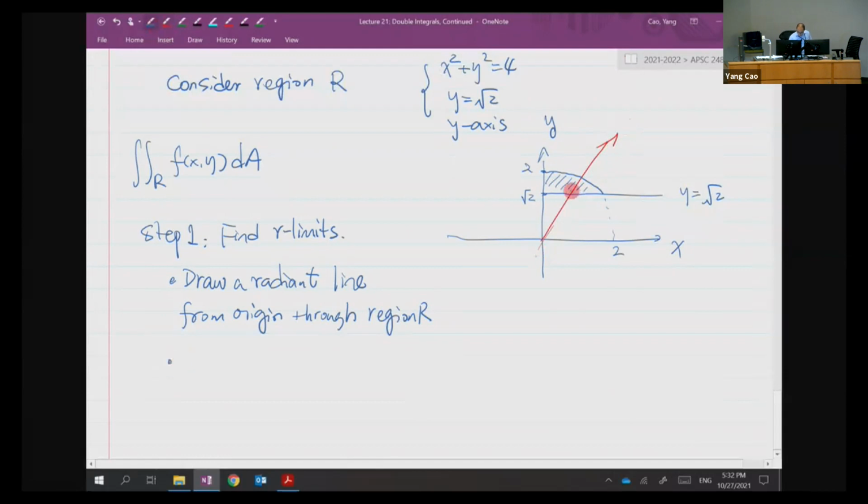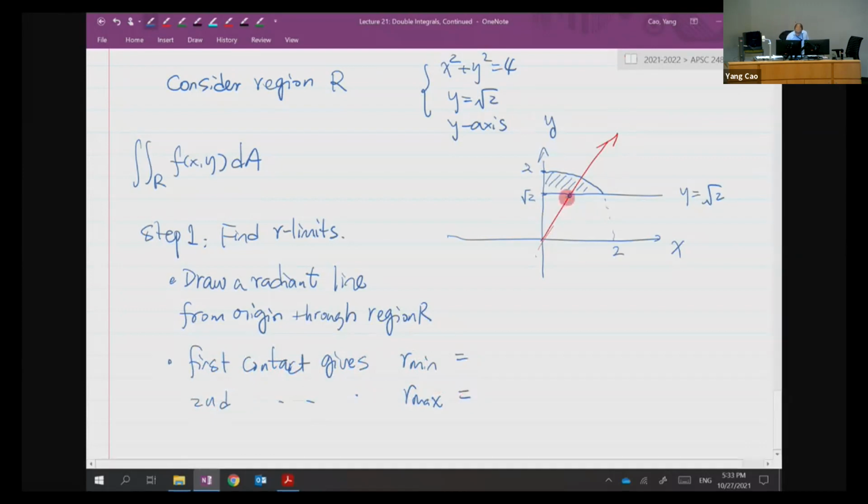And similarly, first contact gives r min, and second contact gives r max. The definition of r is the distance from the origin to wherever the location is.